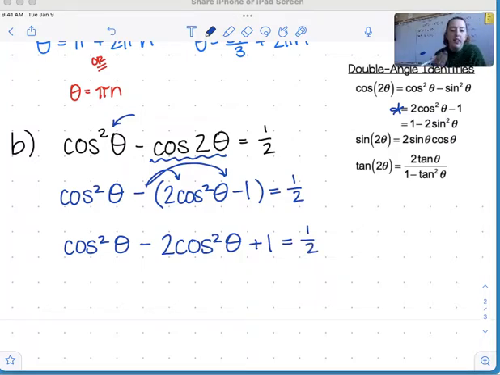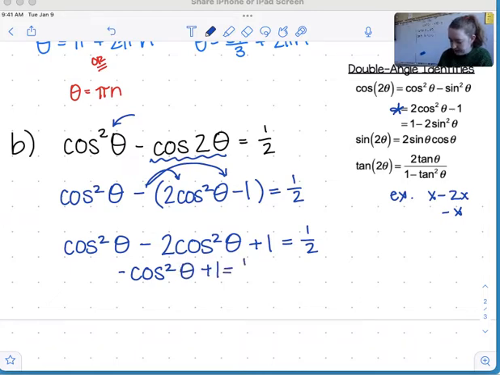So now we're taking cosine squared minus 2 cosine squared. So think of that almost as x minus 2x. We're going to end up with negative 1x, right? So cosine squared minus 2 cosine squared is negative 1 cosine squared. And we still got a plus 1 equals 1/2.